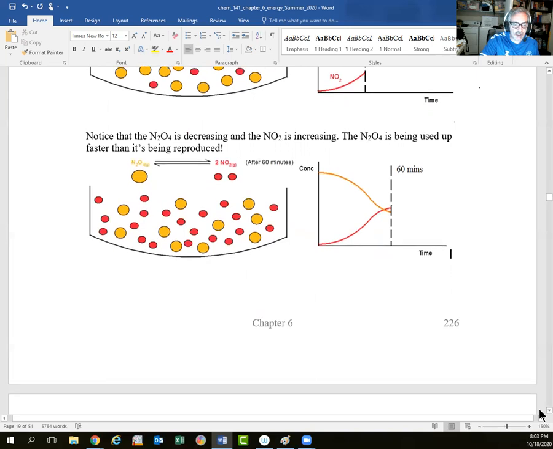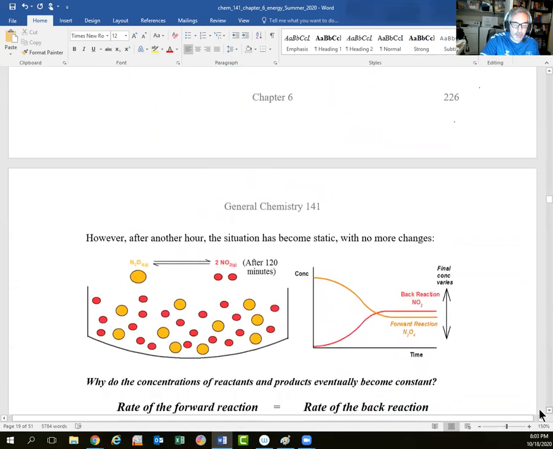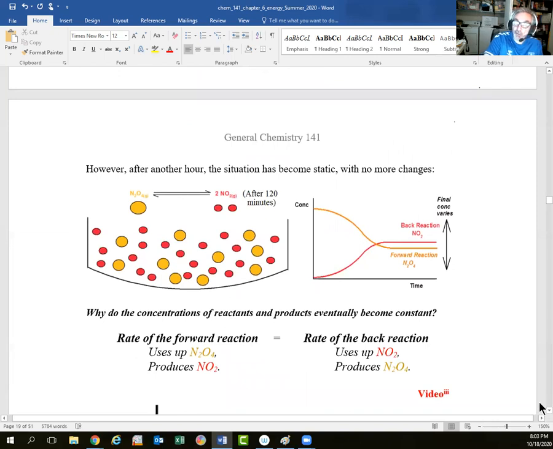If we leave the reaction a little bit longer, we will eventually reach this point where the concentration of each material completely flatlines and no longer changes. Now, the particular concentration of those two materials could vary depending on how much of the material we had, what the temperature is, what the pressure is.